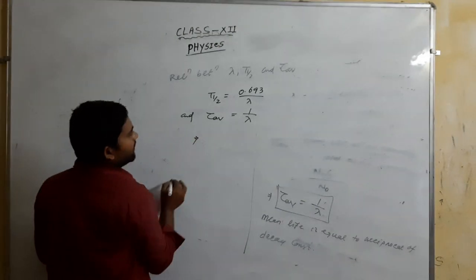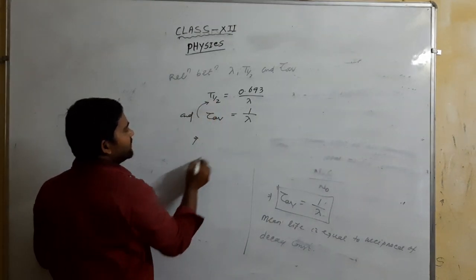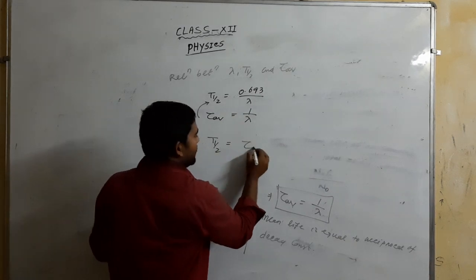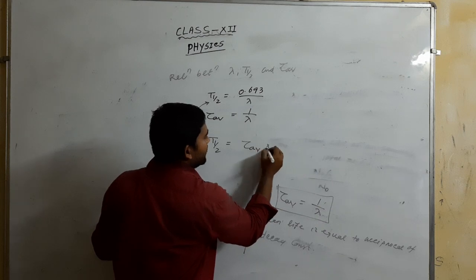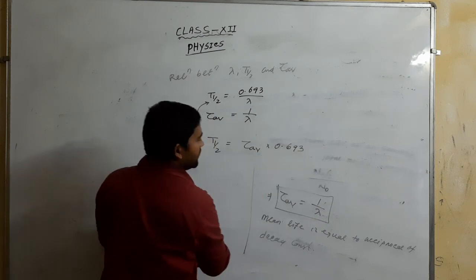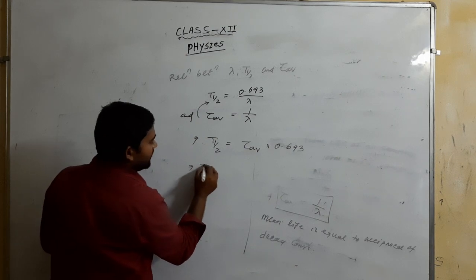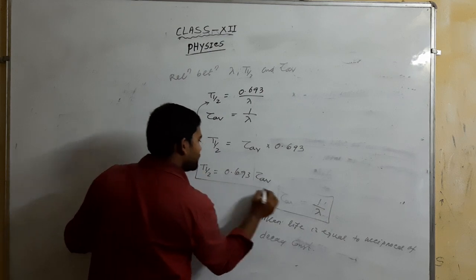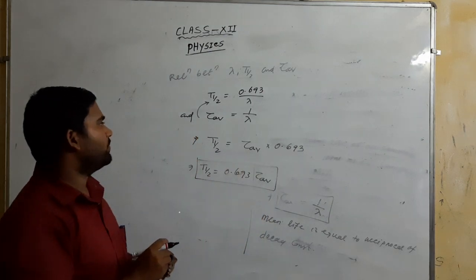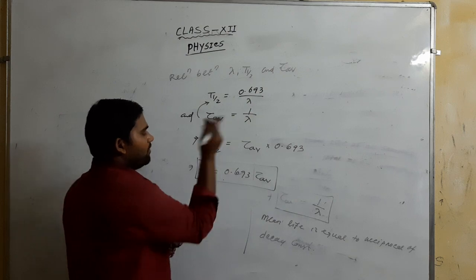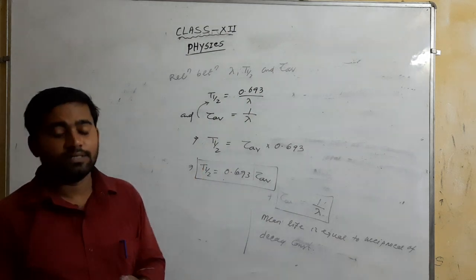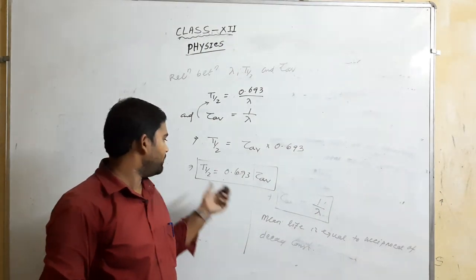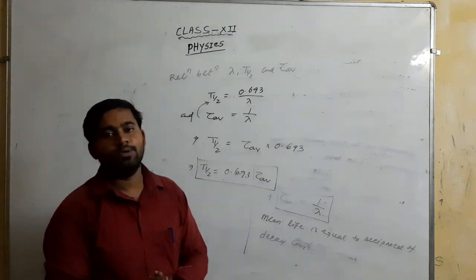So T half equals tau average into 0.693. Simply, half life equals 0.693 times mean life.